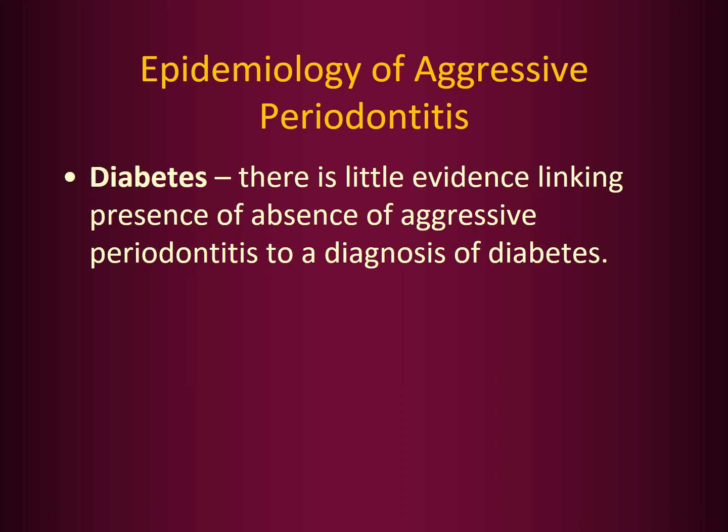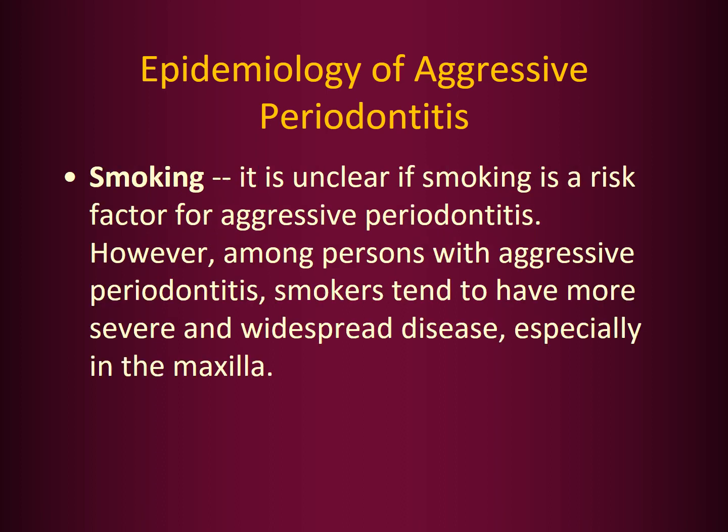My assumption might be that if a person has diabetes and happens to have aggressive periodontitis, it might aggravate the condition, but there's no evidence or very little evidence to support a strong relationship like there is between diabetes and chronic periodontitis.